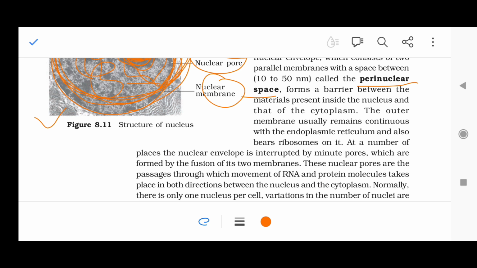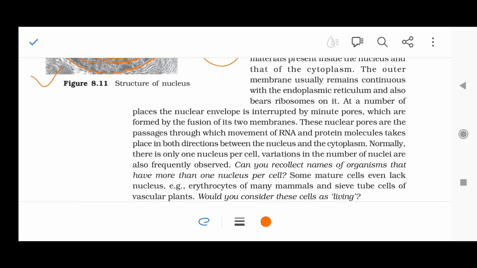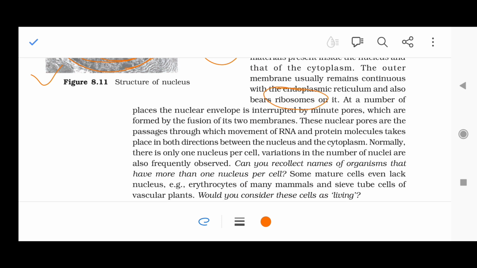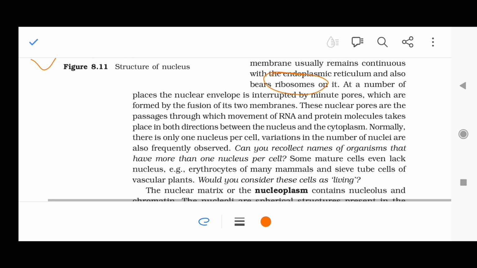The outer membrane usually remains continuous with the endoplasmic reticulum. We have earlier studied the structure of endoplasmic reticulum, which forms a continuous portion of this nuclear membrane, and these endoplasmic reticulum have also ribosomes on it which is responsible for protein formation.